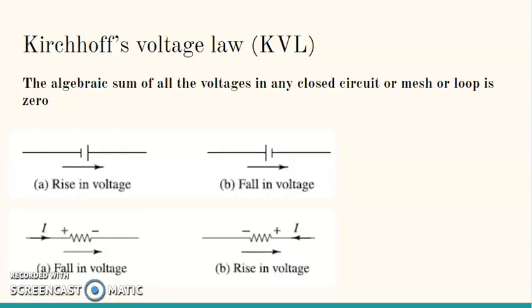So now, coming to Kirchhoff's voltage law. As the name indicates, this is applicable to the voltages in any closed circuit. As in KCL we had the algebraic sum of all the currents at a node, in KVL we have the algebraic sum of all the voltages in any closed circuit, mesh or loop, and that sum will be equal to 0.